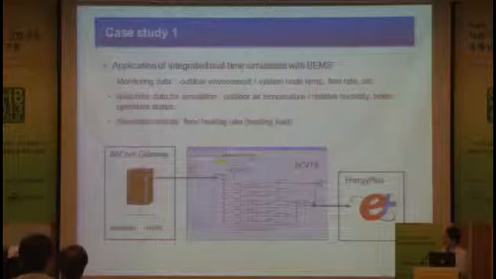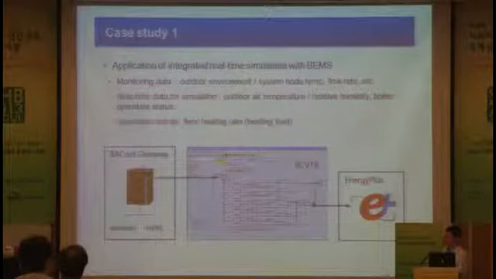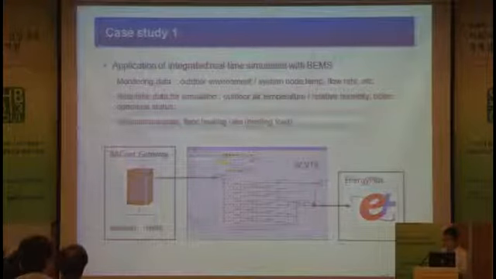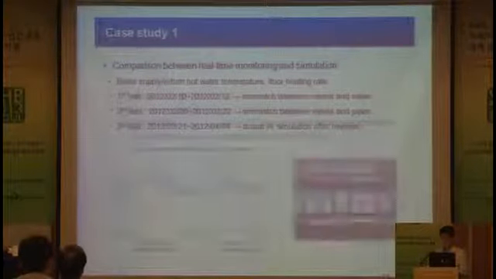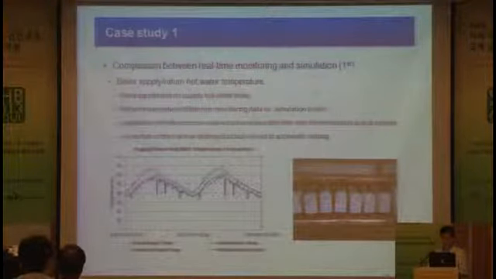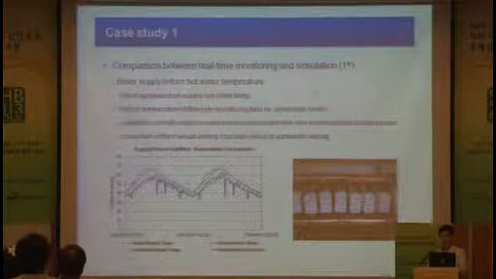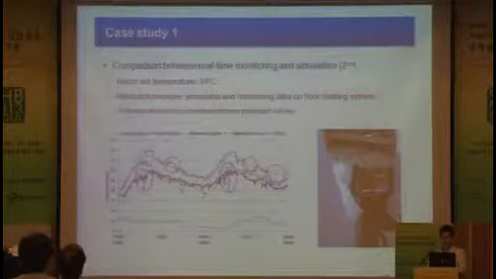The results are floor heating rates for the actual building, so that we can compare the simulation result and the actual result. I know we are short of time, so I will skip this one.